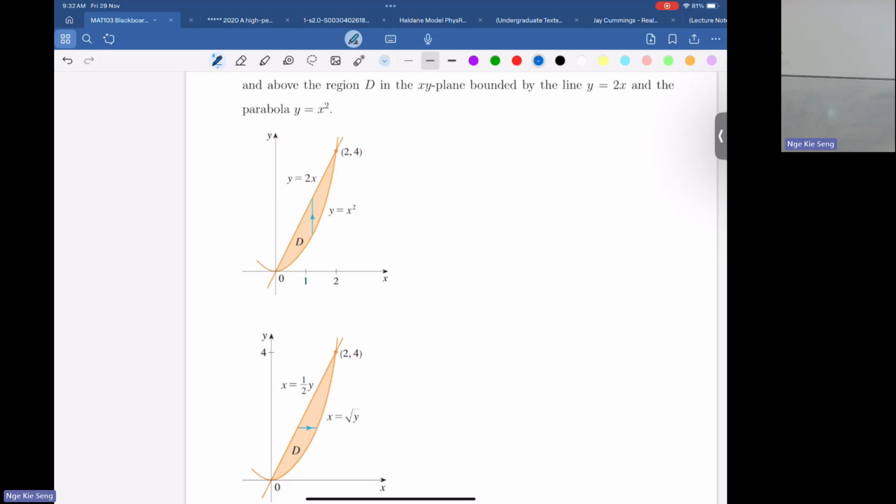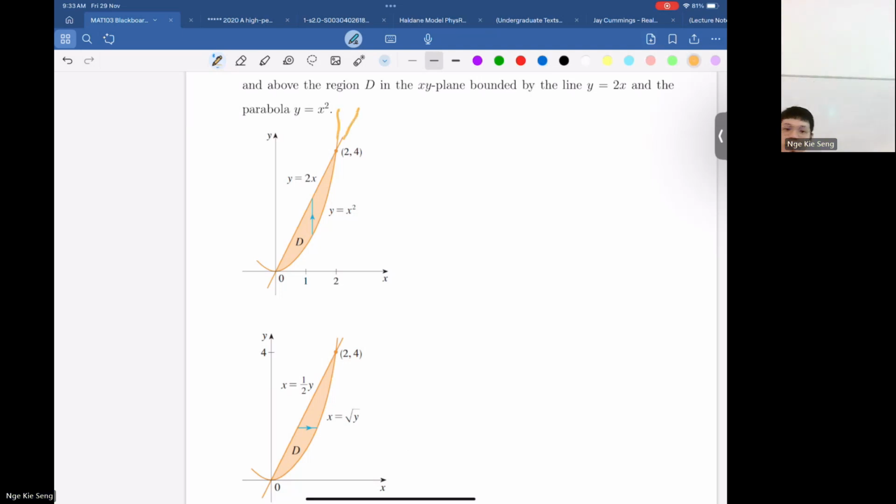Beyond x equals 2, x squared should be larger than 2x.